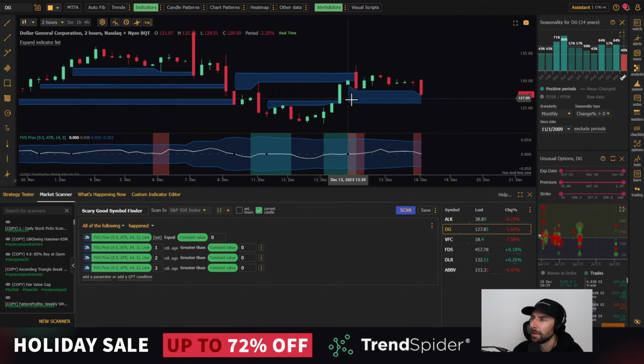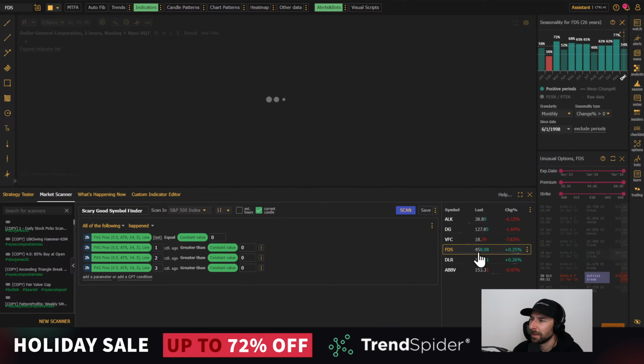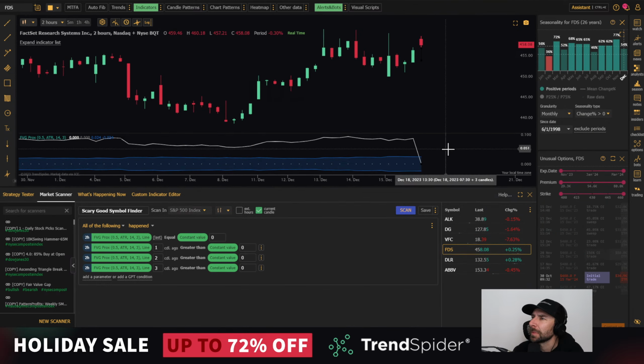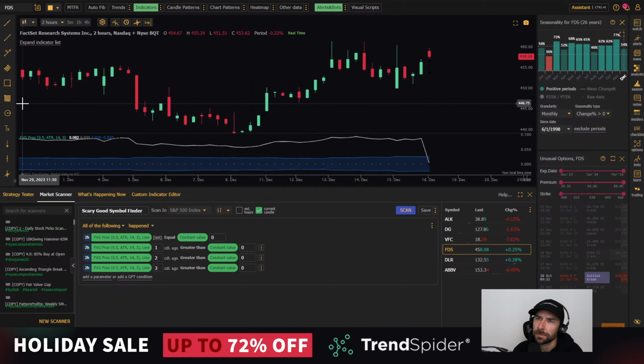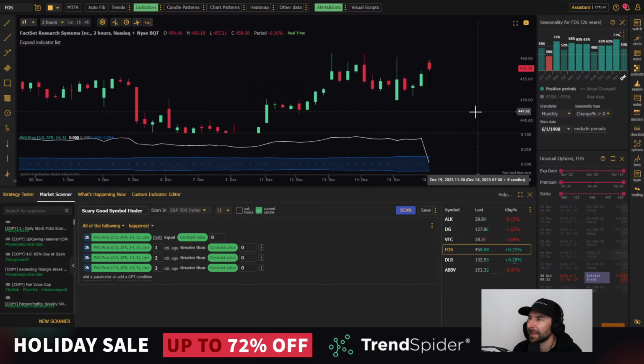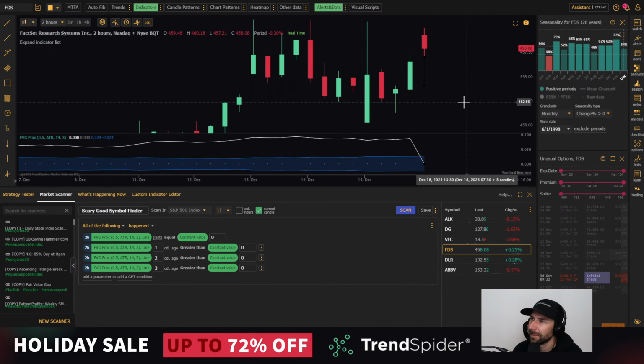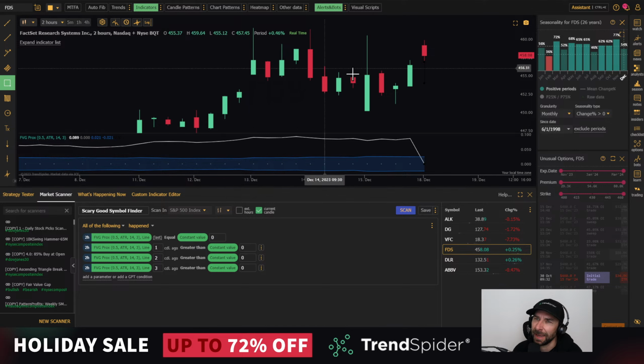Same idea, fair value gap, trading above it past 3 candles. Now we're testing it. So it looks like on this one, essentially what you have is a fair value gap that got created. So you can see the gap right there. So that's probably what I was missing here, is that it's creating a gap today.